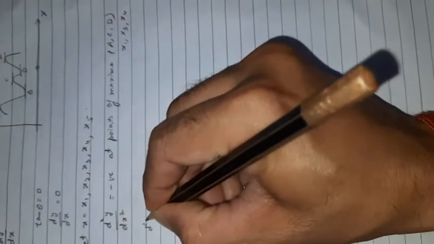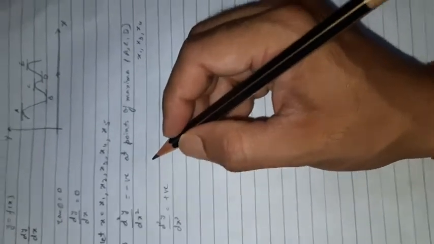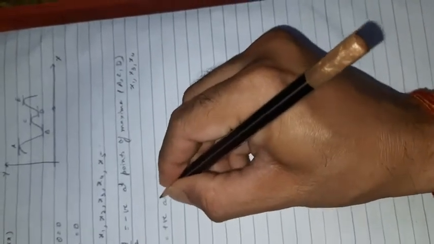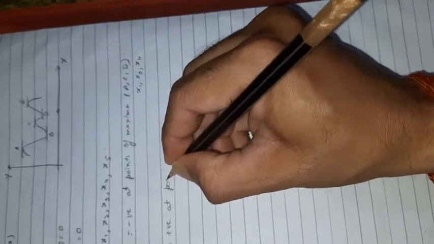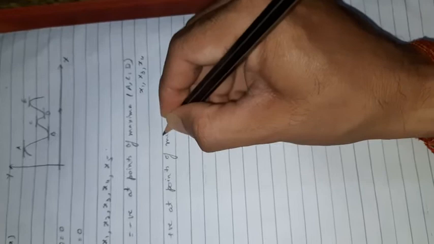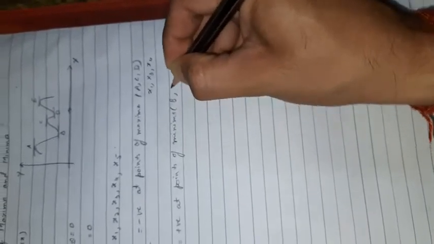If I substitute the value and I get d2y upon dx square positive, that means the points are minima. So positive, according to this figure, at the points of minima, and that is b and d.